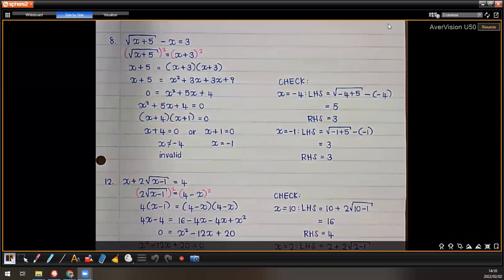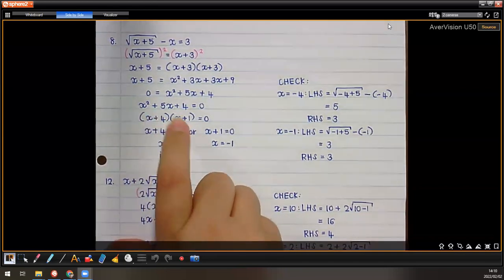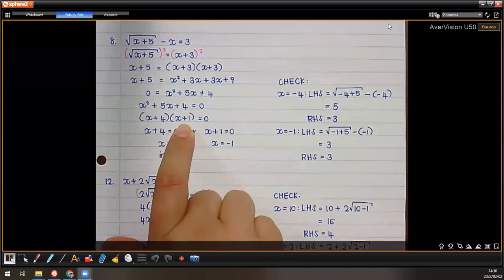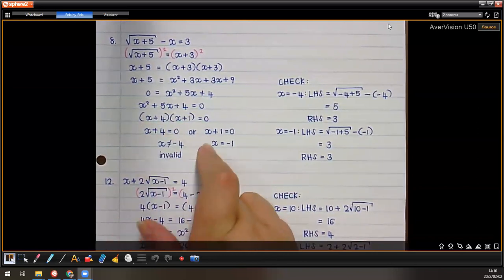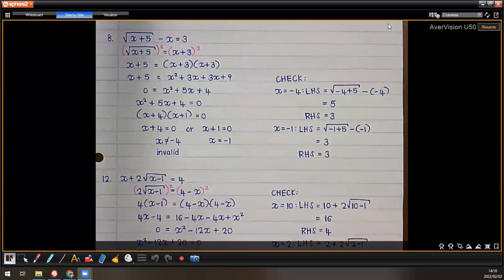Factors of 4 that when I add them together will give me 5. 4 and 1, right? Because 4 plus 1 is 5. So you could have just done x plus 4, x plus 1. Then you would make each bracket equal to 0 and then just move the plus 4 and the plus 1. Or, like I always say, feel free to use the quadratic formula. It will give you the correct answer.